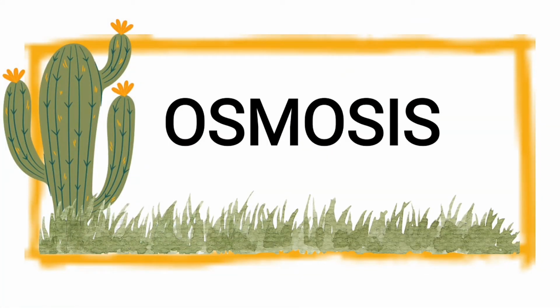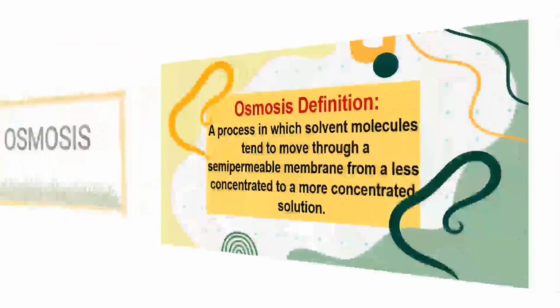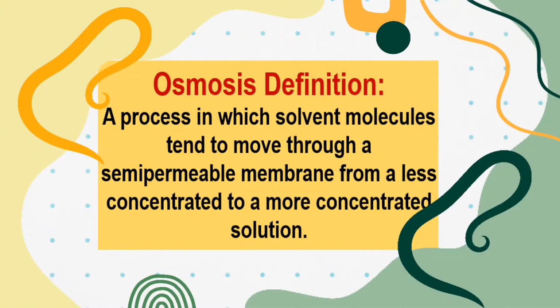And then we talk about osmosis, which is another way through which a cell reacts to its environment. So what is osmosis? It's a process in which solvent molecules tend to move through a semi-permeable membrane from a less concentrated to a more concentrated solution.